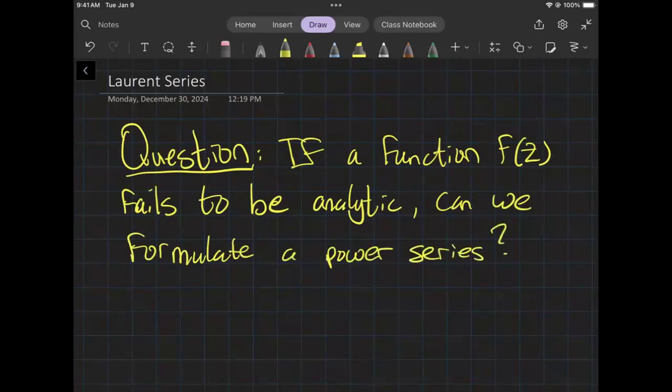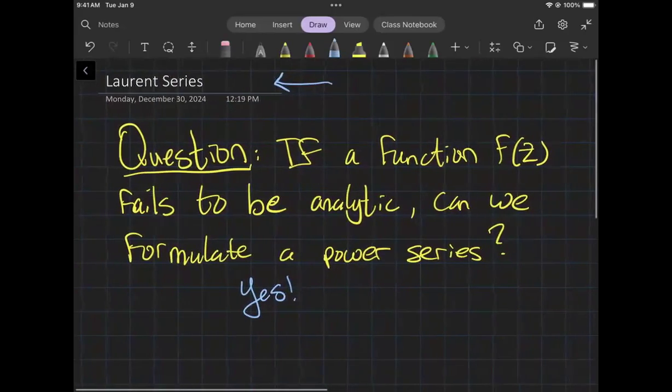Can we formulate such a power series? And the answer is yes. Yes, we can, by using another type of series called the Laurent series.